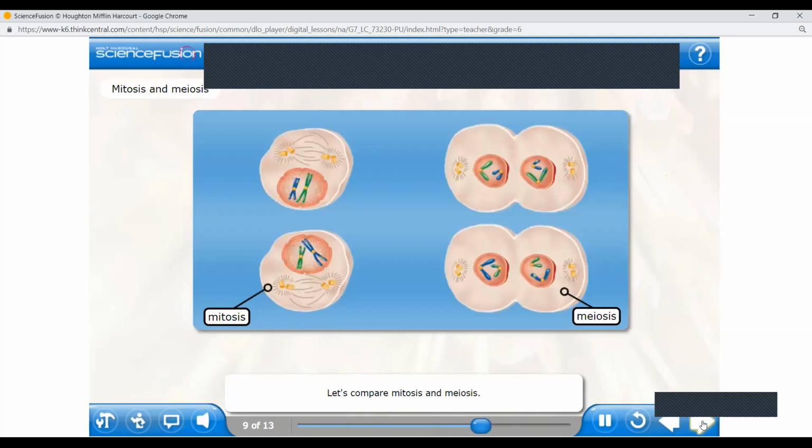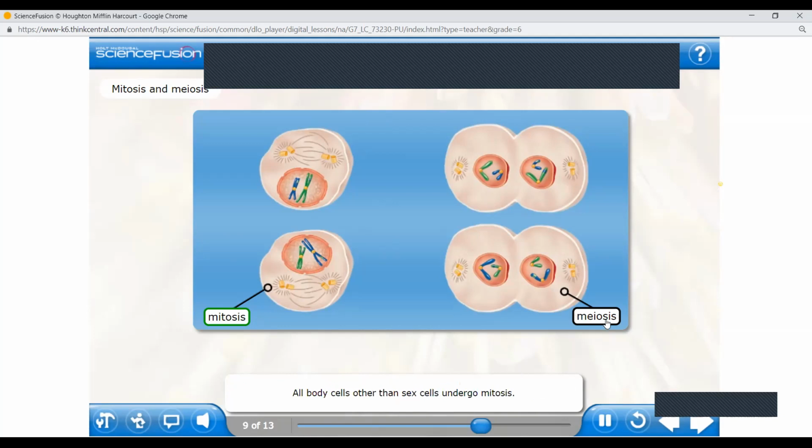Let's compare mitosis and meiosis. Click a picture's label to discover more. The chromosomes are duplicated before mitosis begins. These duplicated chromosomes are divided equally between the two daughter cells. In mitosis, there is a single nuclear division and a single cell division. Mitosis produces diploid cells with the same genetic material as the parent cell.